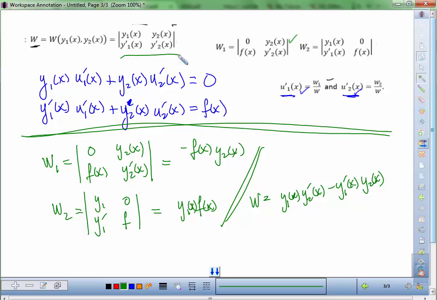It also gets us to jump to solving for IVPs, initial value problems. And we will also have a way to solve for boundary value problems, BVPs.